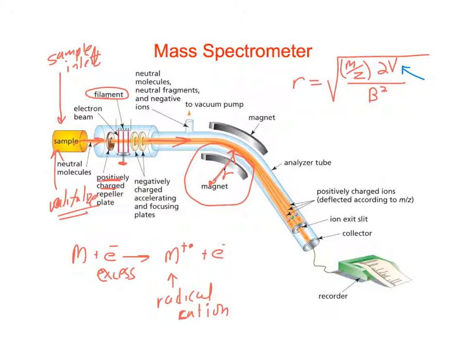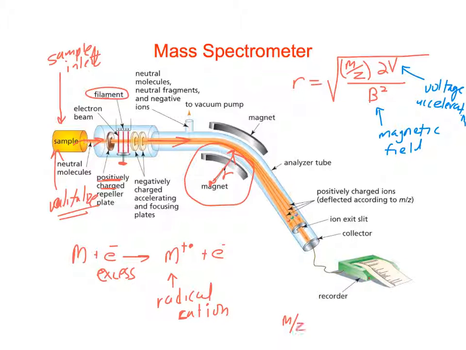V is the voltage at the accelerator plates, the acceleration. And B, like in NMR, is the magnetic field. All right, so for a given mass to charge ratio, we could turn that equation around too.